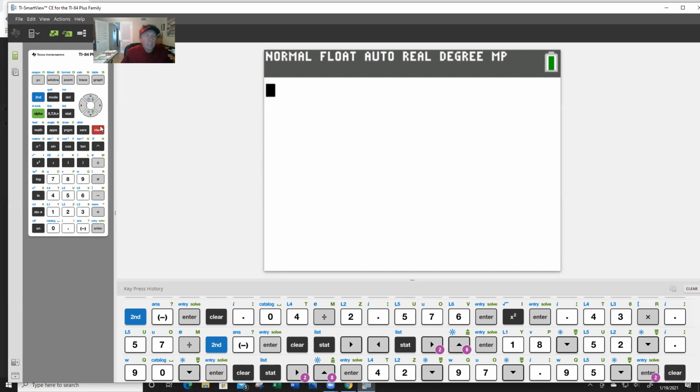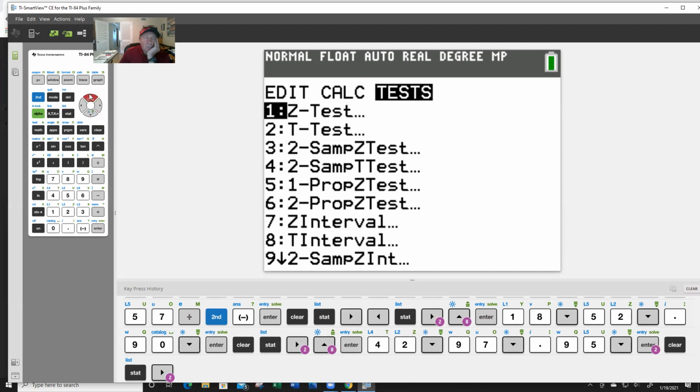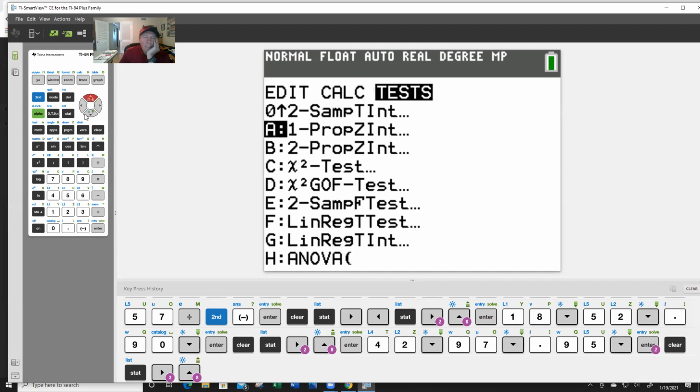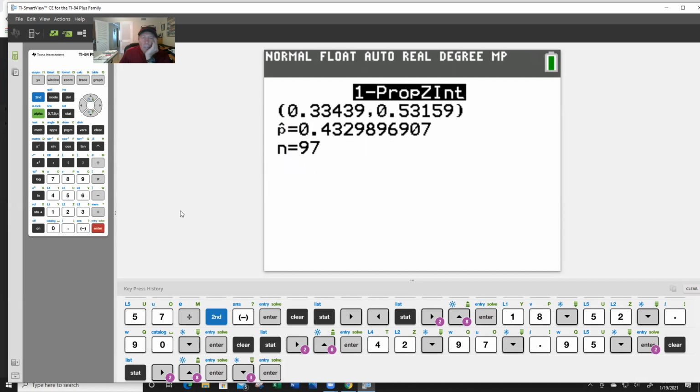Oops, what did I do wrong there? Okay, try that again. Stat, tests, one prop Z interval. Sorry about this. I think I did it right and clicked on it too quickly. Calculate. There we go. Got it.